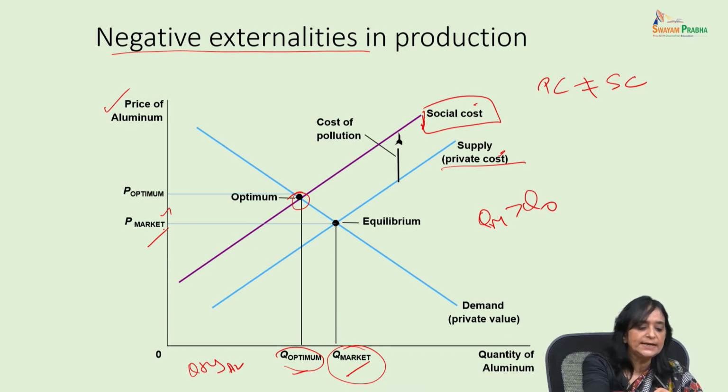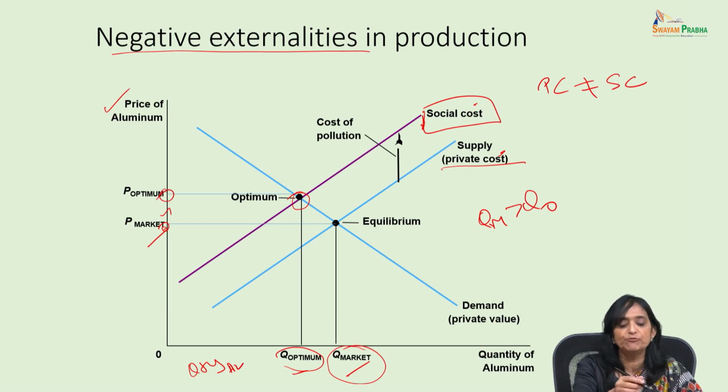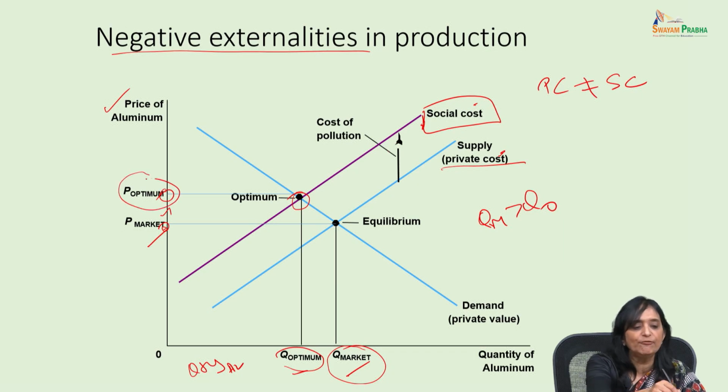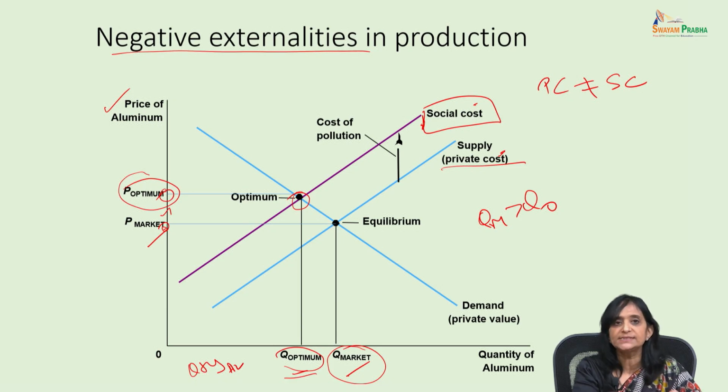Also, we are selling it at a lower price than it should have been, because if we want to account for this cost of pollution, we have to pass it on in the form of higher prices. So, a negative externality is leading to overproduction. Only when we take into consideration the social cost will we realize what the optimum quantity should have been, less than what the market has decided. So here, the market has failed to allocate the resources optimally.